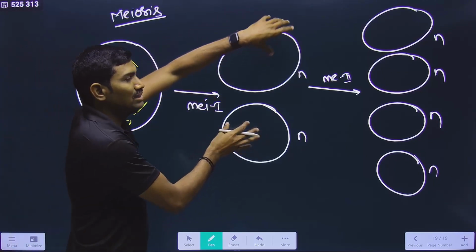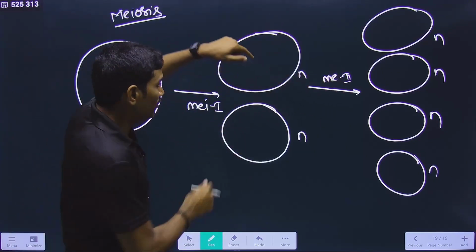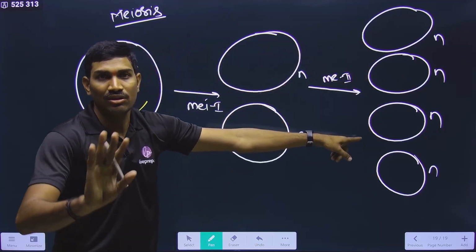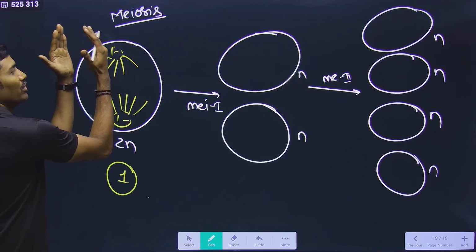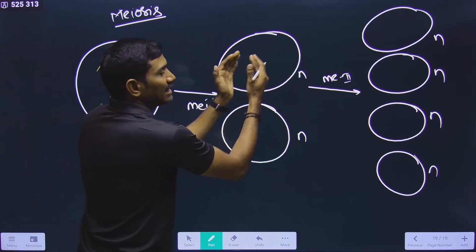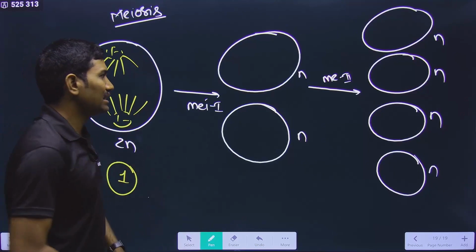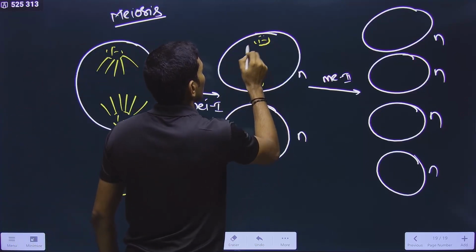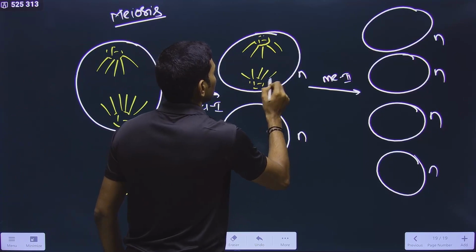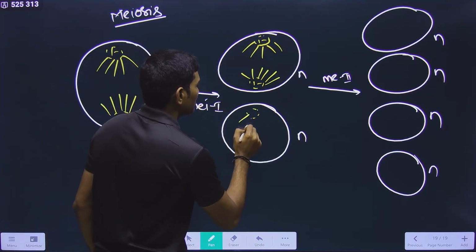After meiosis I, two cells are produced. Now during meiosis II, the spindle apparatus is formed in these cells, not in these cells, in these cells. Please remember, generally the orientation of the spindle apparatus in the daughter cells is 90 degrees, but for your understanding I am writing vertical only. Now this is one spindle apparatus in one cell, and here also there is one spindle apparatus.